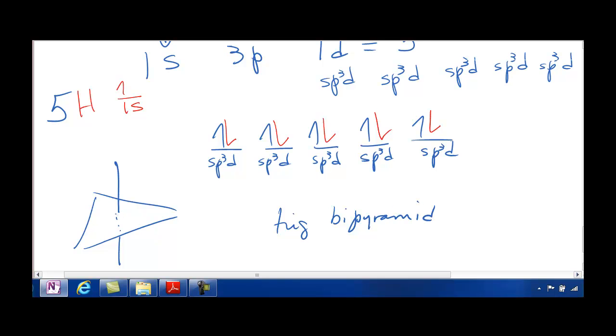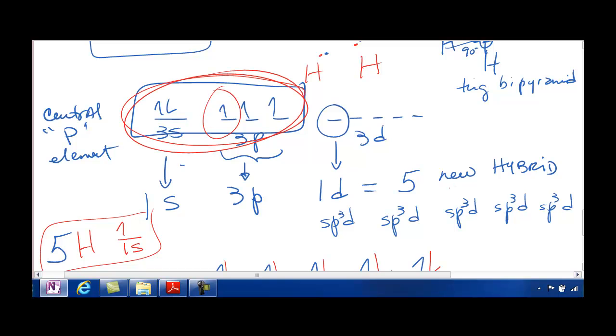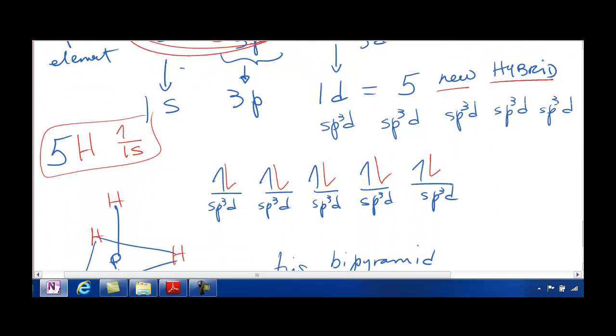but each one of these bonds between the phosphorus and my H and H and H and H and H, it's not an atomic p of the phosphorus with an atomic s of the hydrogen. That doesn't work. These guys combine, they form new orbitals. They're hybrid between an s and a p and a d.